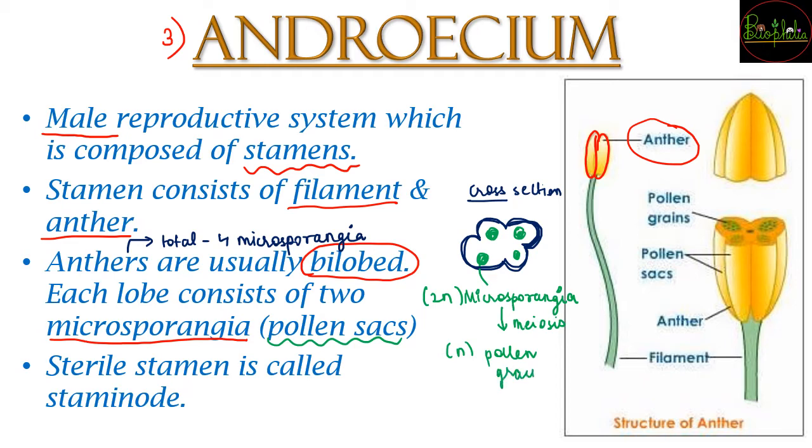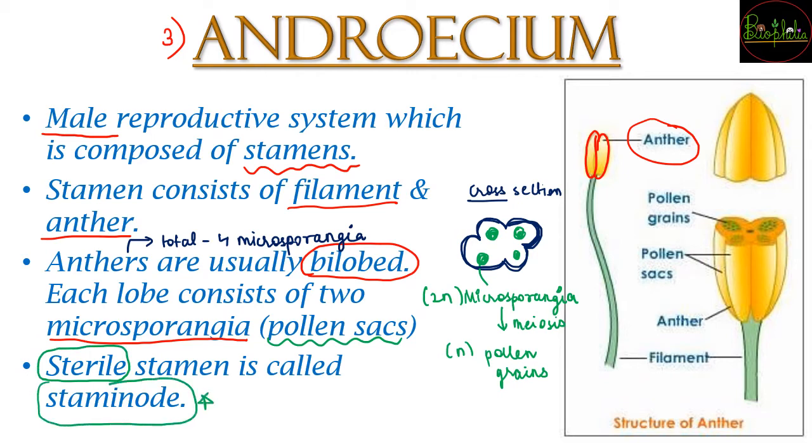So these pollen grains are then used as male reproductive gamete. So these pollen sacs will be present inside the anther. So जो sterile stamen होता है जहाँ पे कोई there is no formation of pollen grains, such sterile stamens are going to be called as staminode, right?